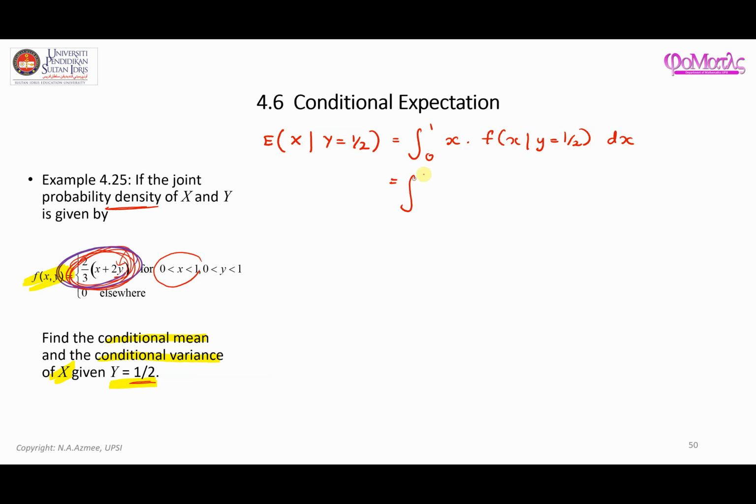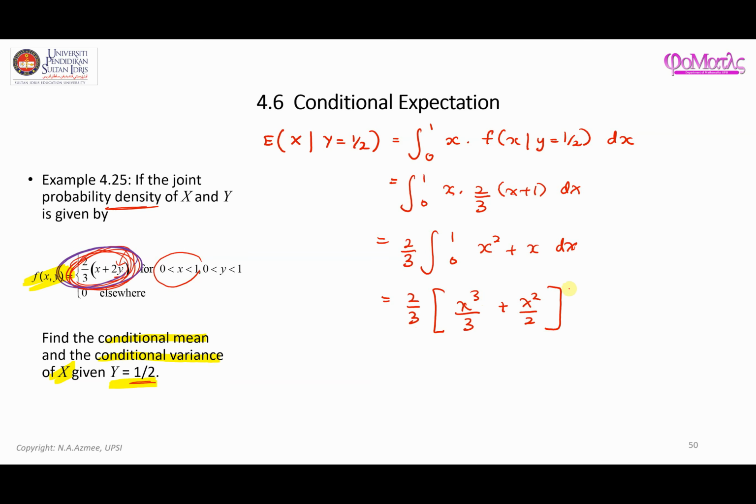So we have the integral from 0 to 1 of x times 2 over 3 x plus 1 dx. 2 over 3 is a constant, you can take it out, and then x times x plus 1 gives x squared plus x dx, and the result of that is x cubed over 3 plus x squared over 2 with limits 0 and 1.